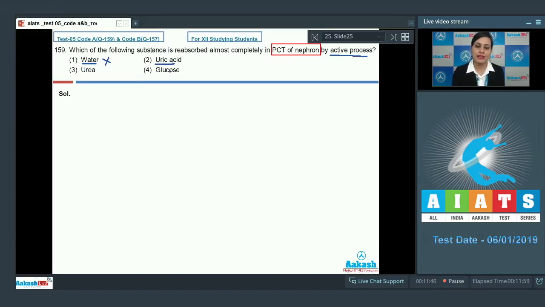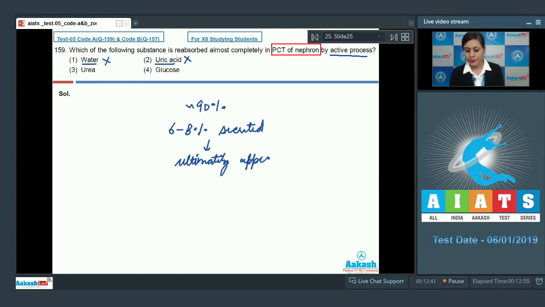The next option is uric acid, and this is also an incorrect option because in PCT of nephron there is reabsorption of near about 90% of filtered urate. 6 to 8% is secreted, and therefore ultimately appearing in the filtered urine.